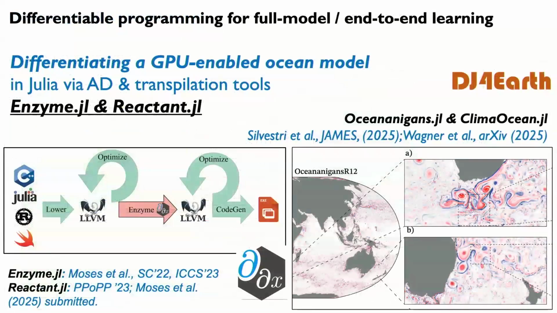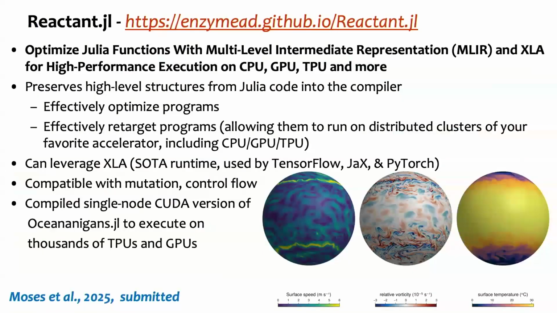But the important part here is the way we leverage the differentiability. We've been working for the last few years on making this dynamical core also differentiable using a tool called Enzyme, which in itself is a new paradigm. It's an AD, automatic differentiation tool, that works not at the language level, but at the compiler level, and that makes it immune to the type of programming language that we use. Of course, our focus is on Julia, and because it's on Julia, there also needed to be another tool that's been developed.